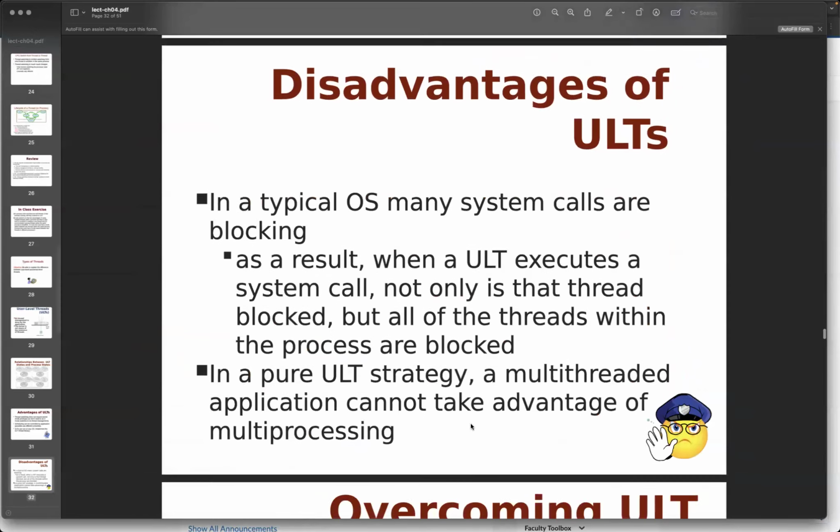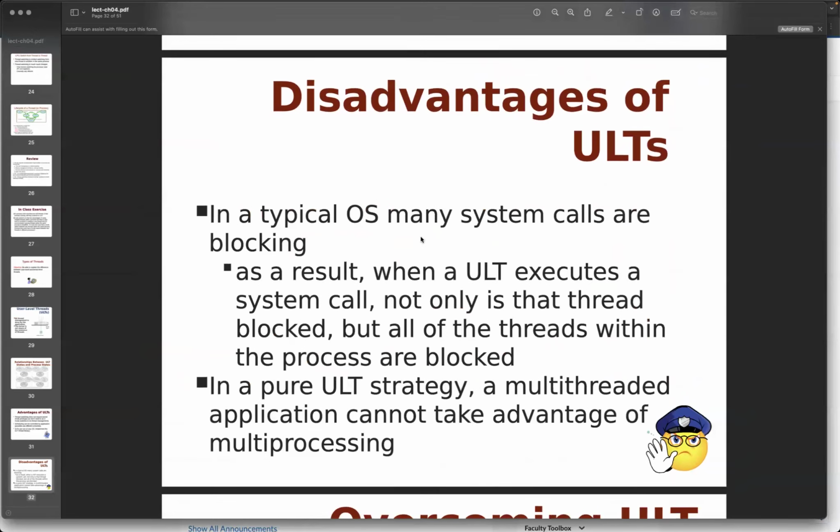And for the disadvantages, in a typical OS many system calls are of course blocking. As a result, when one thread blocks, meaning it executes a system call, not only is that thread blocked, but all other threads within the process are blocked too.